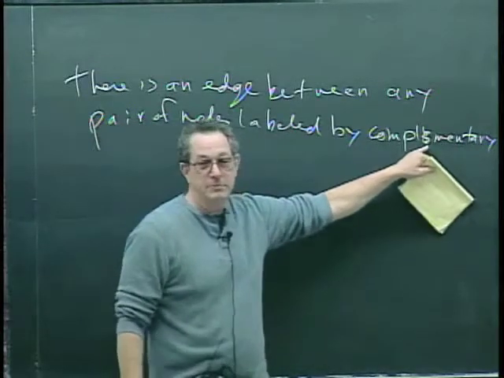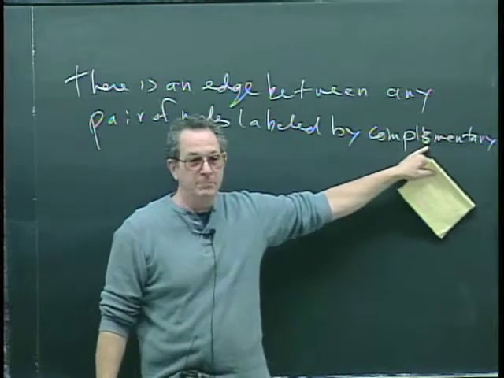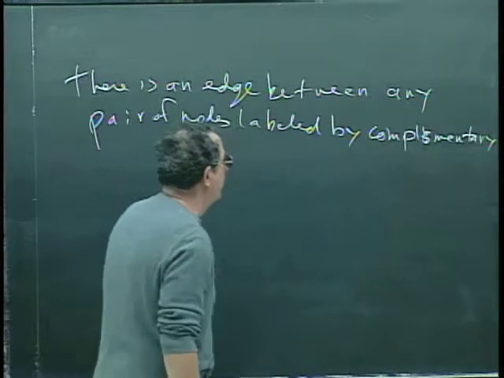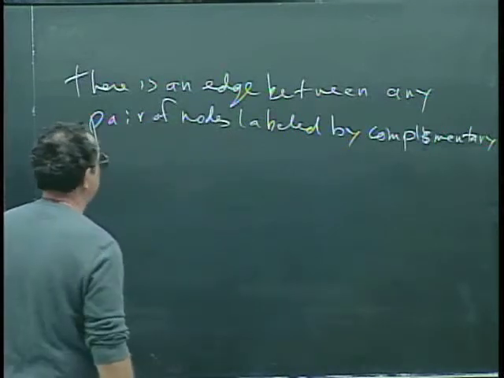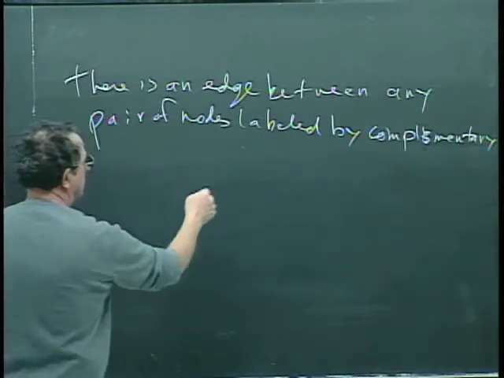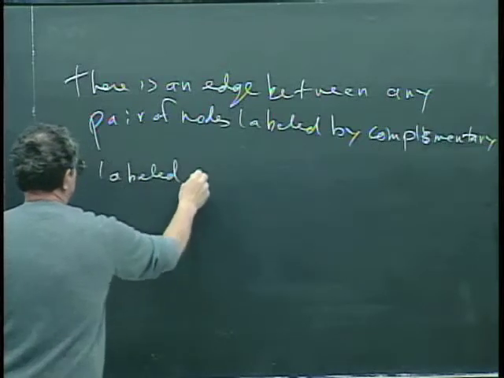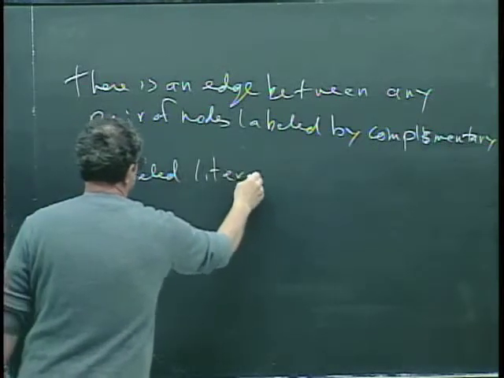That little ambiguous mark there is just to hide the fact that I don't know how to spell complementary in this context. It's either an I or an E, so take your pick. Complementary labeled literals, or complementary literals.